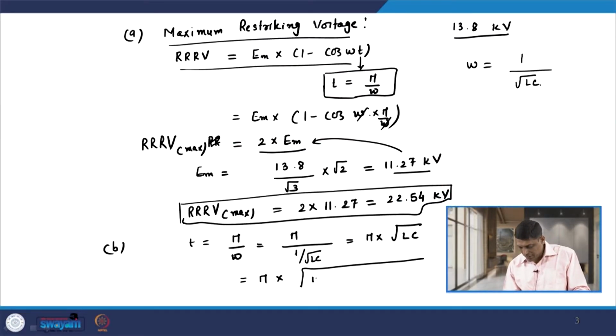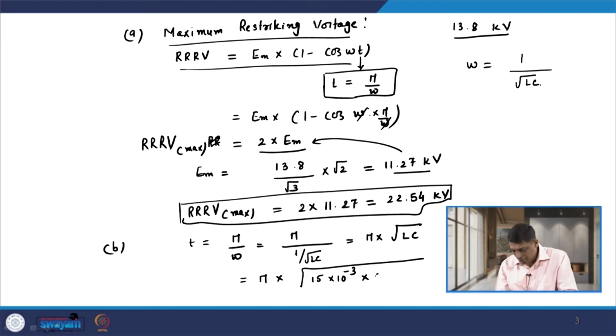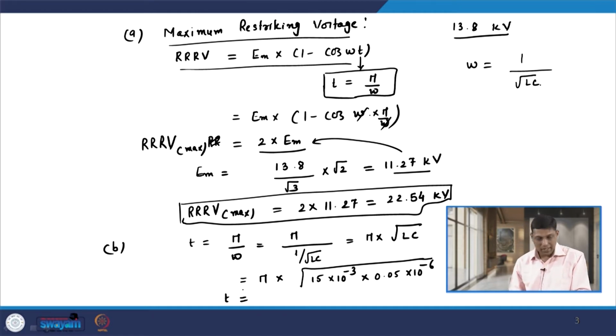So, 15 into 10 raised to minus 3 Henry into the value of C, that is 0.05 microfarad, so it is 0.05 into 10 raised to minus 6, right. If you solve this, you will have the value of T equal to 8.6 into 10 raised to minus 5 second, or we can say 86 microsecond, right.